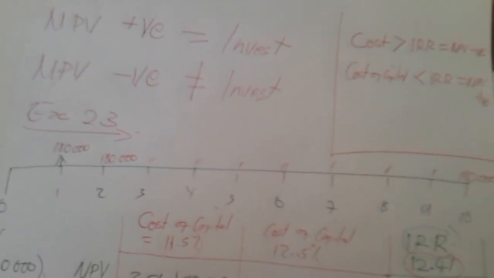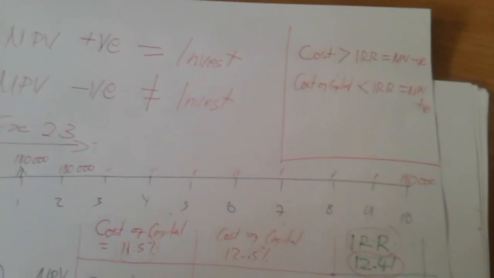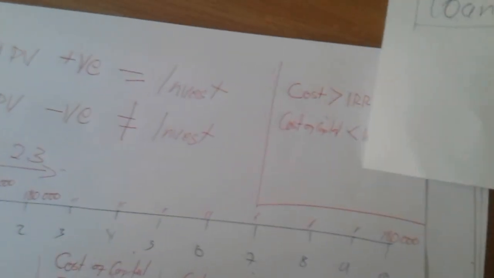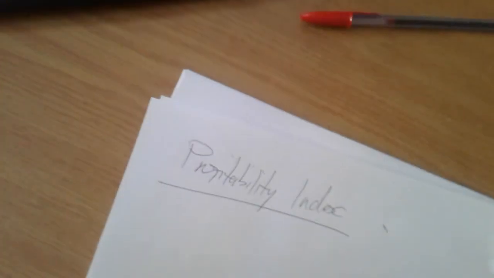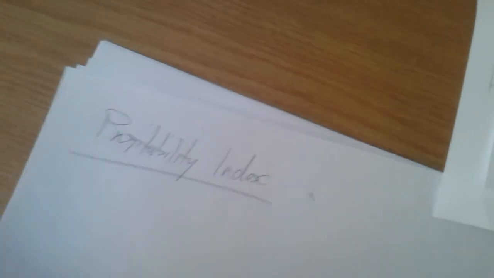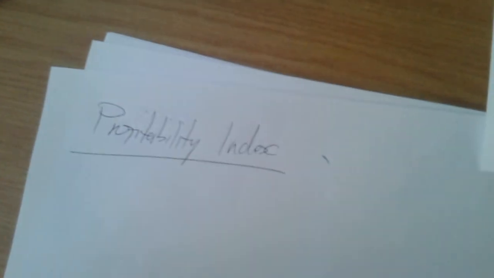Oh, by the way, before I forget, when we are choosing projects, right? Okay, I think I have to write it somewhere. I will summarize that at the end. So let's move on to PI.